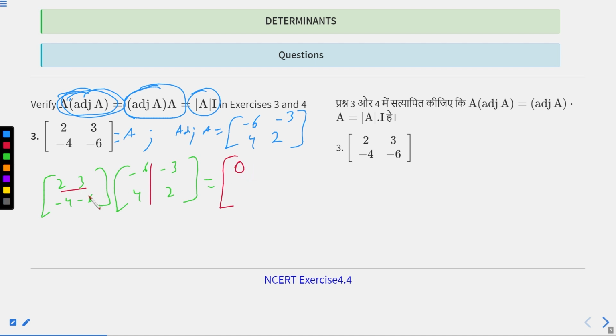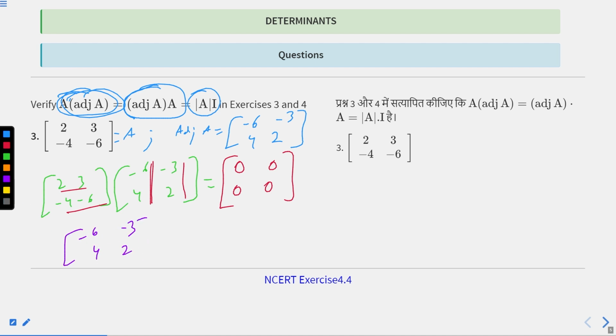So far so good. Now multiply with this. Minus of 6 and plus of 6, still 0. Now going to multiply with this. Plus 24 and minus 24 will give you 0. Plus 12 minus 12 will give you 0. So 0 matrix.